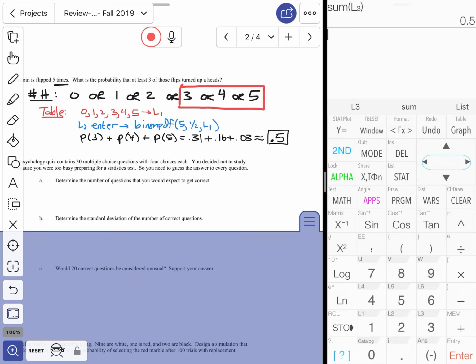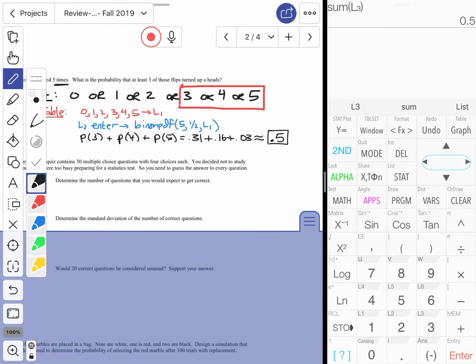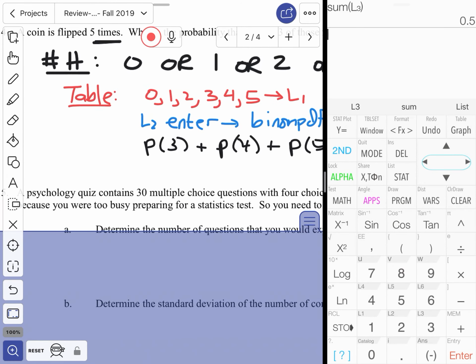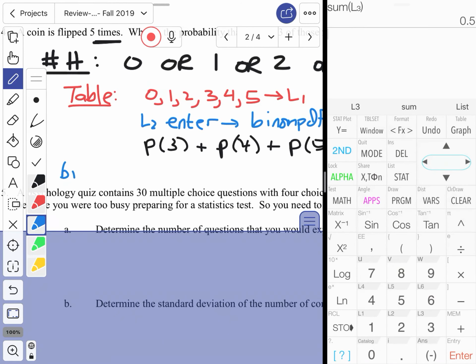All right, the next approach would be to use the Binompdf technique. Binompdf will give you the probability of, at most, a particular set of outcomes.